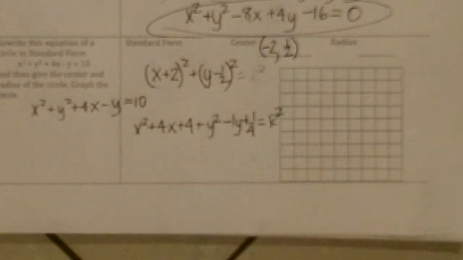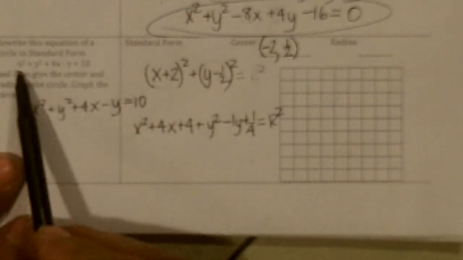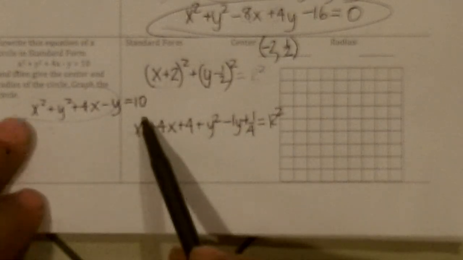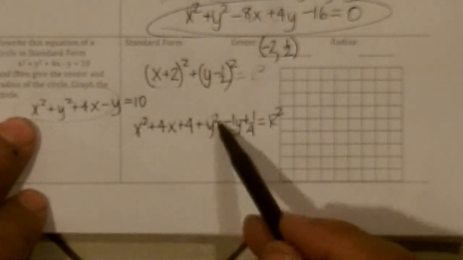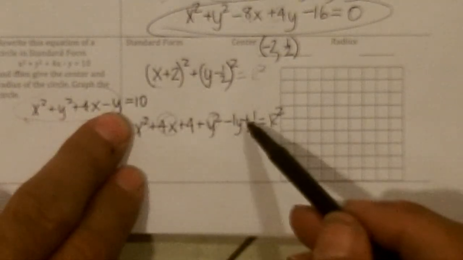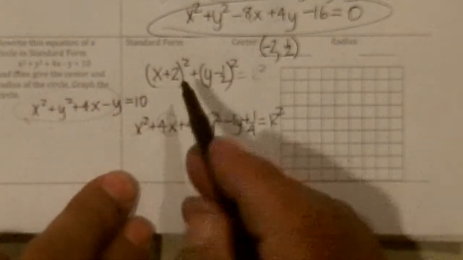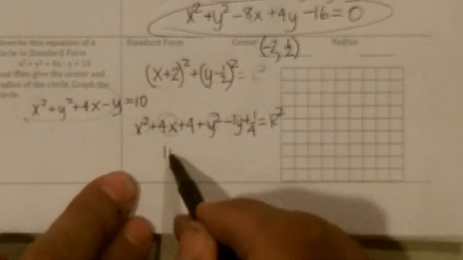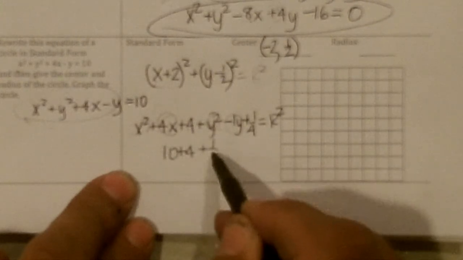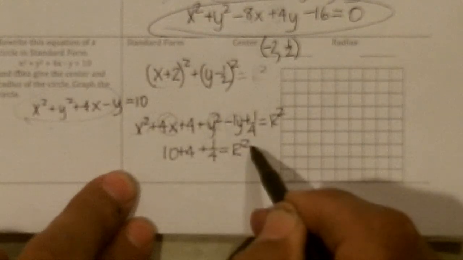Now if I look at what they gave me, I have an x squared, the y squared, the plus 4x, and the minus y, all of that equal to 10. So 10 plus 4 plus 1/4 is r squared.